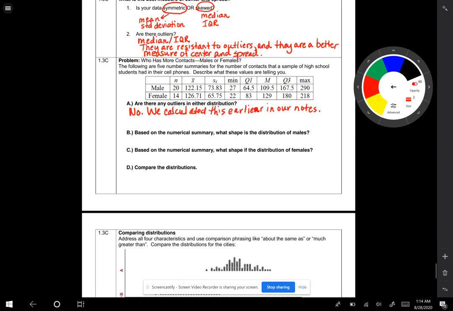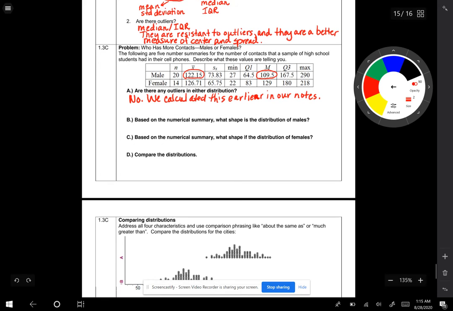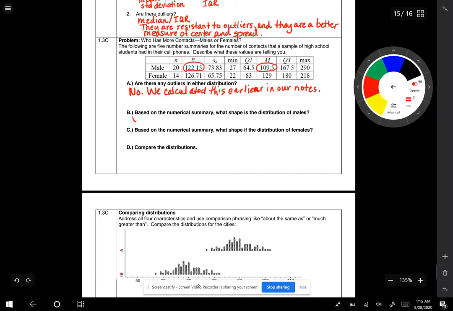Okay, based on the numerical summary, what shape is the distribution of males? So we want to compare the mean versus the median. For males, the mean is 122.15. The median is 109.5. So the mean, let me just write that down, x bar is 122.15.